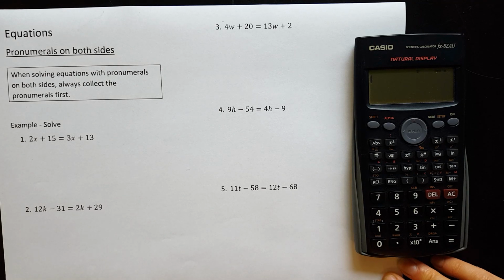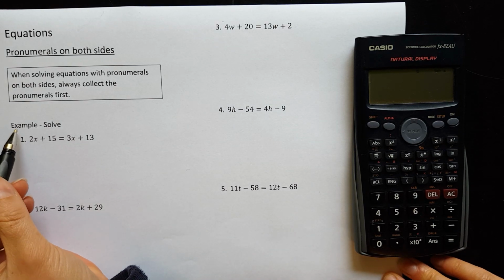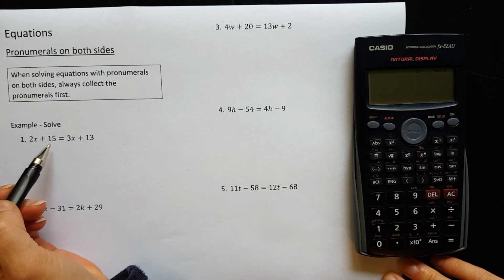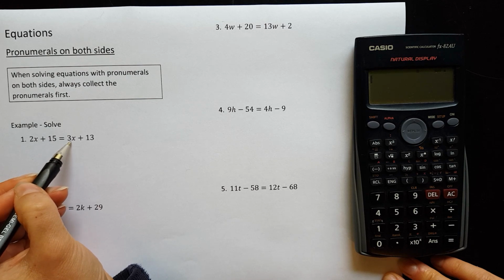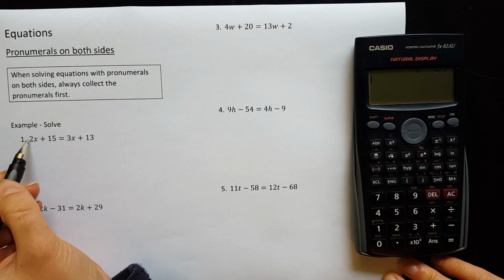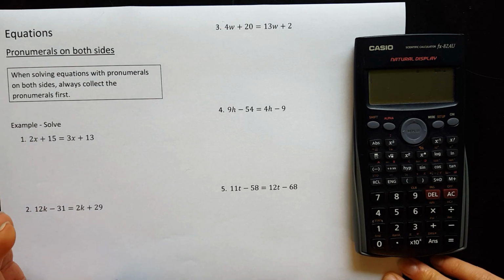And me personally, I like to always move the smaller pronumeral term first. So the two pronumerals in this first example, I have a 2x and I have a 3x. So I would move the 2x term because it's the smaller term. To move it, we always do the opposite.